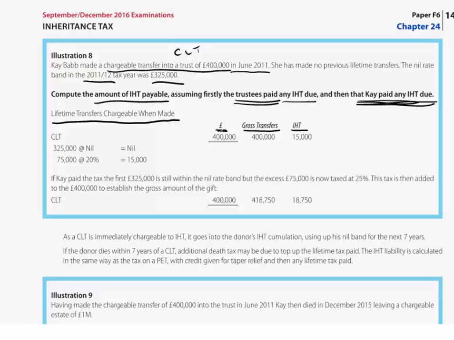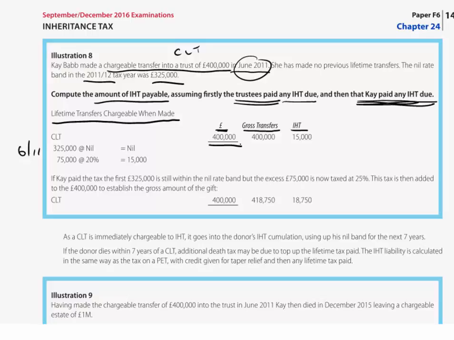And this time we've also got a little inside working column in which we record the value of the chargeable transfer. We'd also record the date if there was more than one of them. This would be June 2011, so we'd have June 2011, CLT. What is the CLT? It's £400,000. That goes in your working column there.